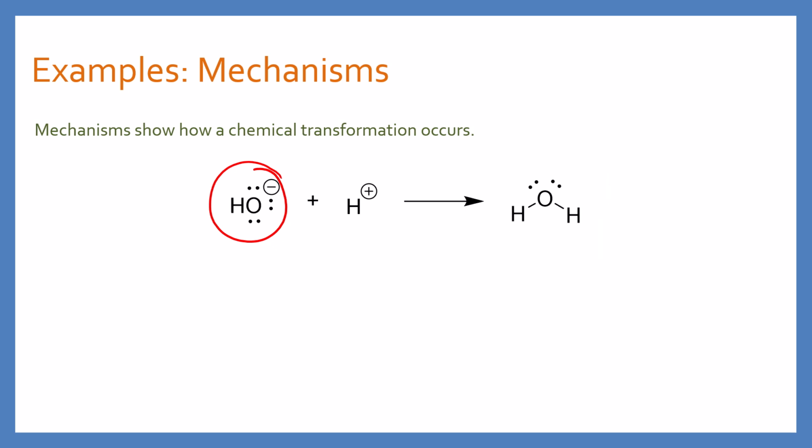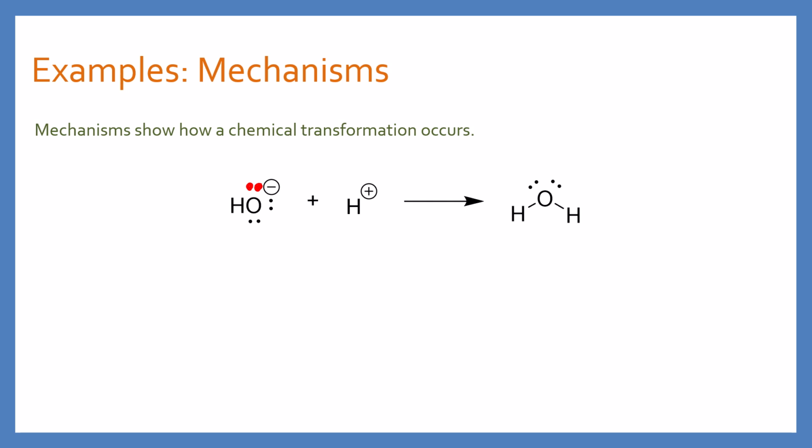This is a reaction that you saw over and over in Gen Chem 2 anytime you were doing an acid-base titration. So in this example, hydroxide has a negative charge and the proton is positive. There's a very simple rule in chemistry, which is that minus likes positive. Minus will always attack something positive, and that attack will look like the formation of a bond through the donation of electrons.